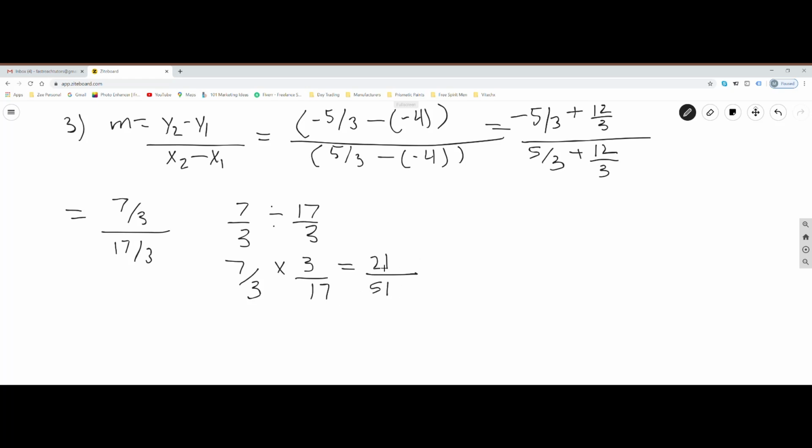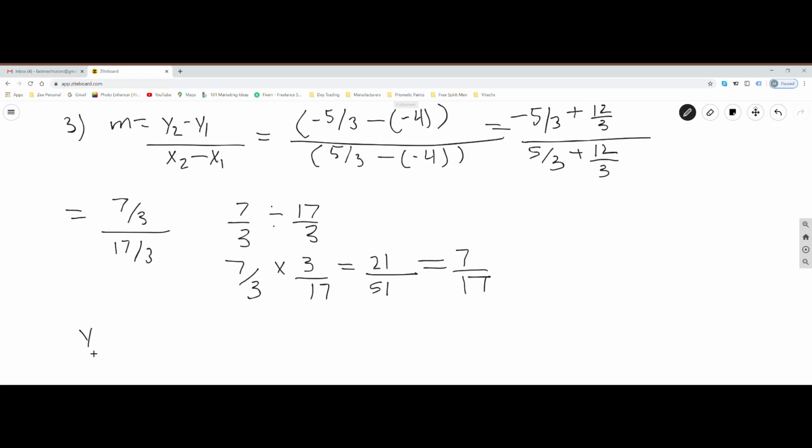And you can reduce both the numerator and the denominator by 3. So 21 divided by 3 is 7, and 51 divided by 3 is 17. So this is the slope.